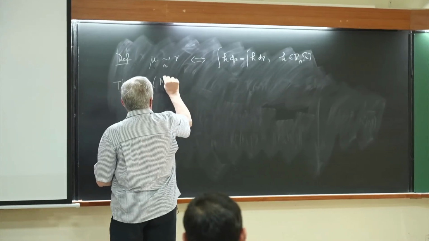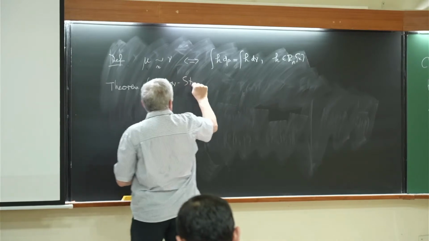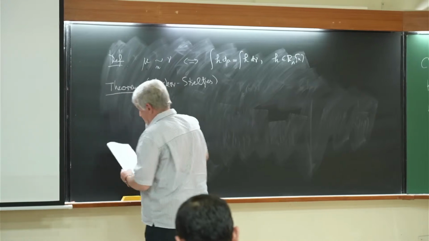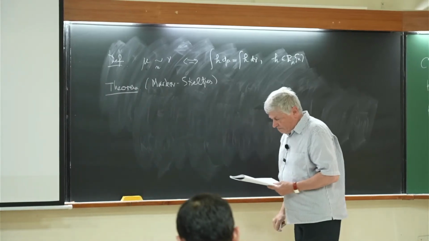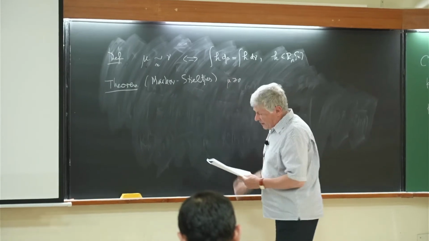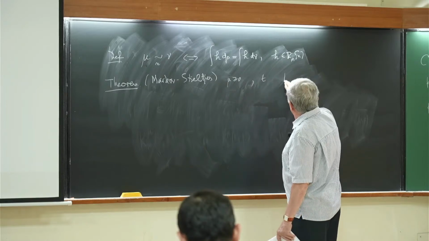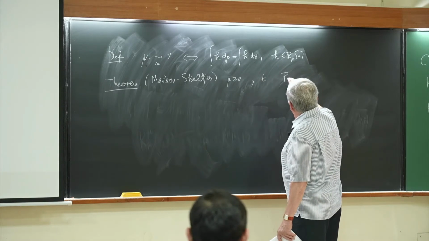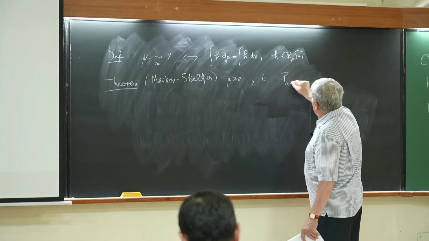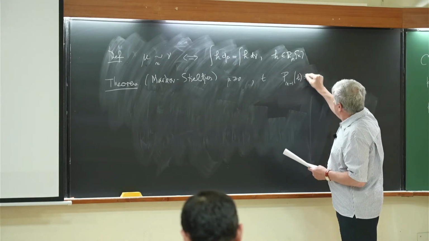Andrei Markov. And it goes as follows. Mu is a measure as before. We consider a t so that the orthogonal polynomial associated to this measure of order n minus 1 is different than 0.